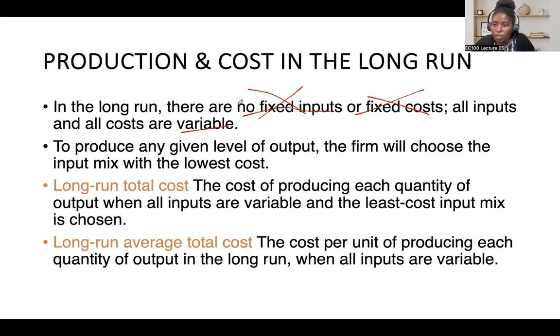So how now does the firm produce at this point? How does it choose the level of output to produce? Because it has so many alternatives to produce a certain output in the long run, it can vary anything.